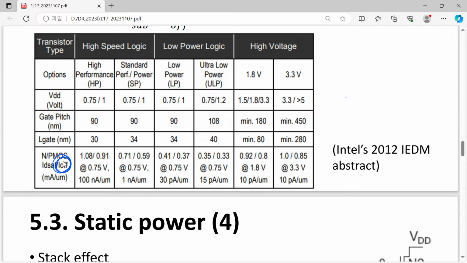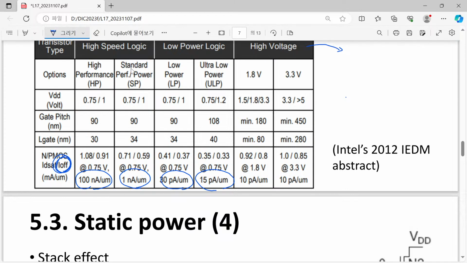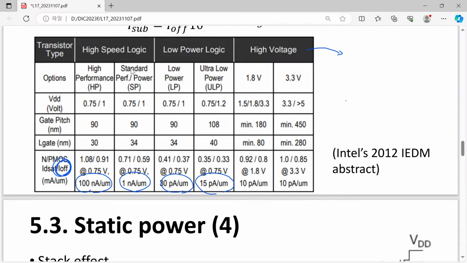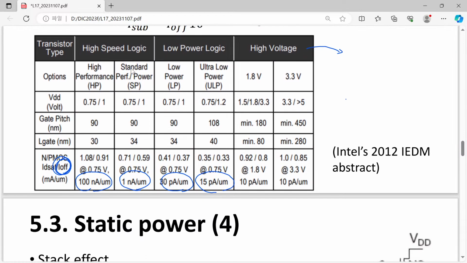Now you can see the values in terms of milliamp per micrometer. This family is reserved for high voltage operation, so let's just concentrate on these logic families, high speed logic and low power logic.